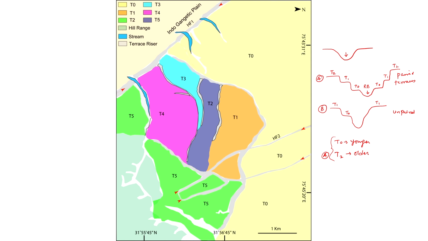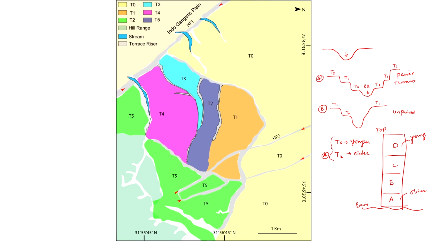Whereas in stratigraphy, what we see is that you have the section and you have sedimentary units. This is your base, and this is your top here. Suppose you have A, B, C, D, so this will be older and this will be younger. So this is totally opposite to what we see here.